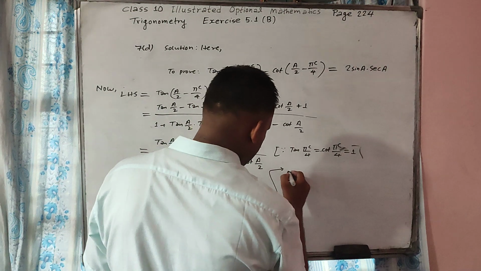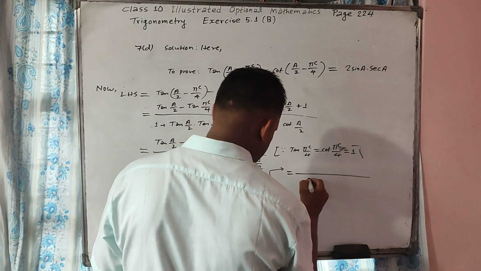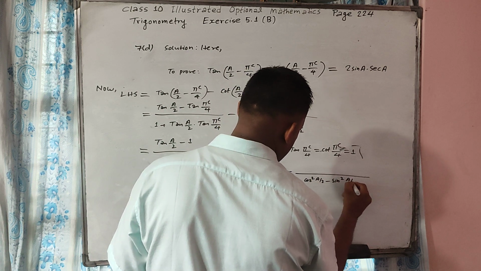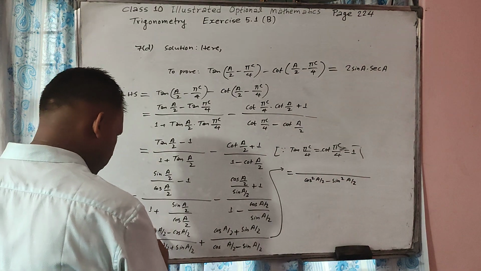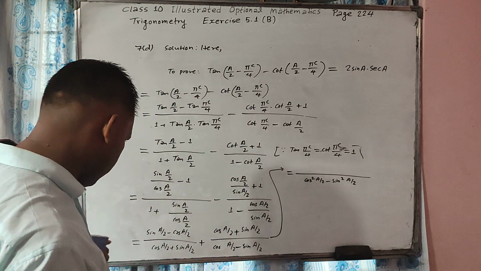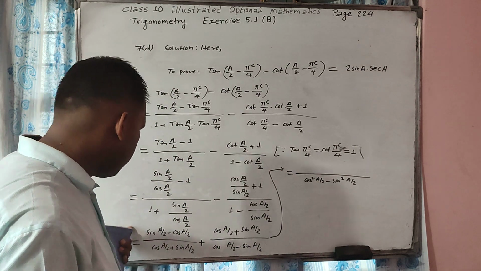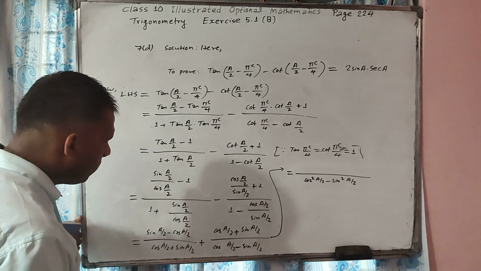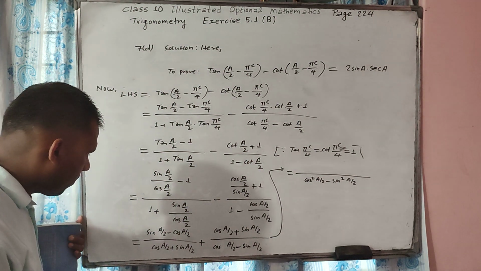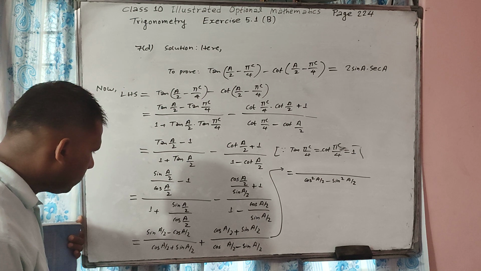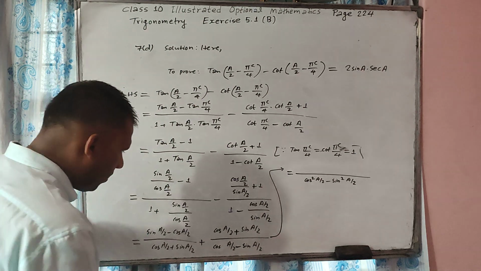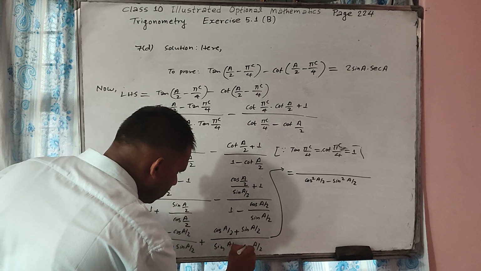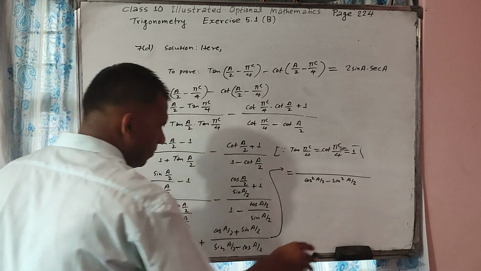Then it becomes LCM cos square a by 2 minus sin square a by 2, then cos a by 2 sin a by 2, and sin a by 2 minus cos a by 2.